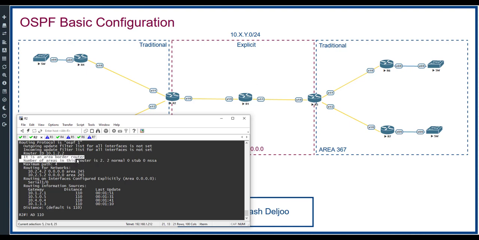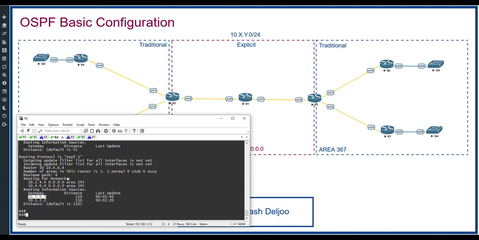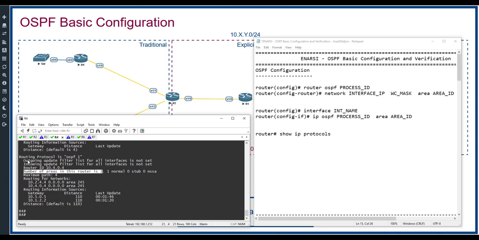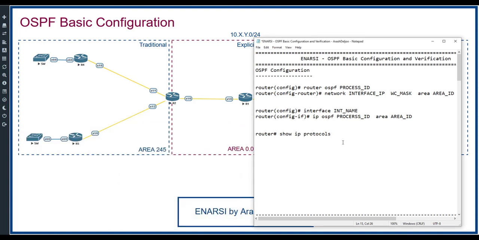Because of that, it is an area border router, ABR. You have learned about it before. Now you can see that IOS considers the role of the router. After that, in router 4, you can see again the number of areas in this router is 1. This is the first command that we can now interpret and use, but you know that about this command we have more information that you will learn about in future videos and in future courses in this class.